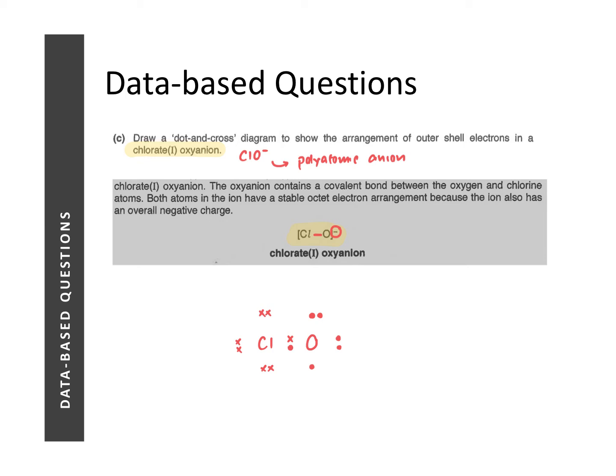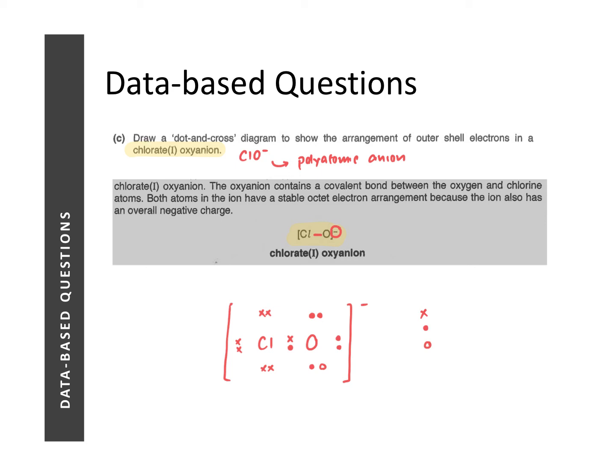That means that your ClO would have gained an electron from somewhere. In this case, how do I represent it? I'll represent it as an unshaded dot, and then the whole thing will have a minus charge.